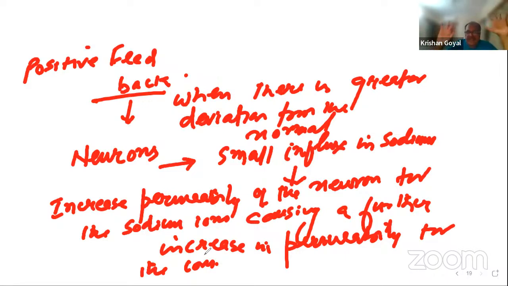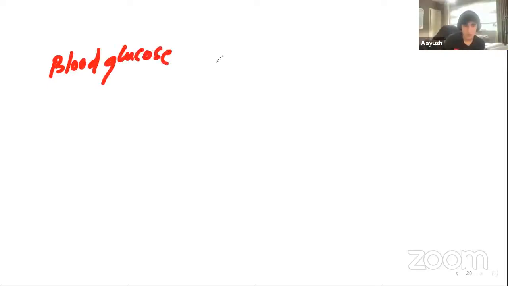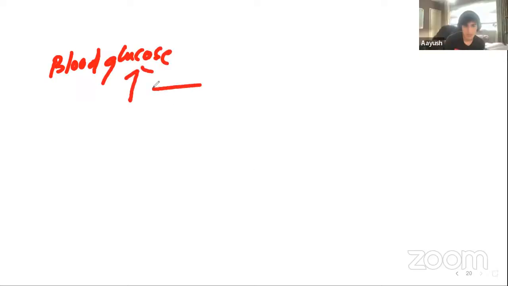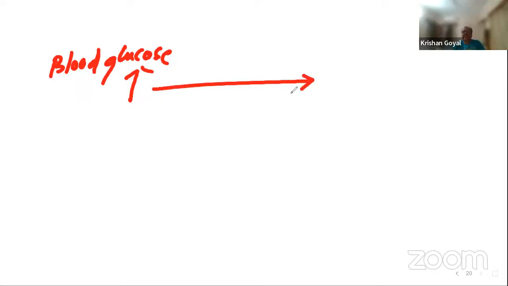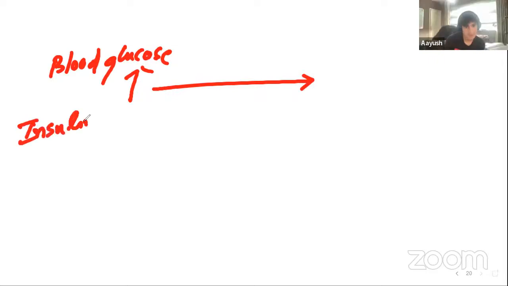Now let us make it short. Just understand it, as we took the example of blood glucose. Blood glucose has increased by any means, blood glucose level increases when insulin is low.